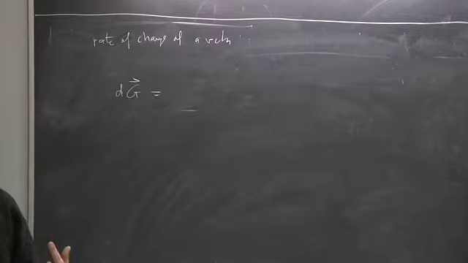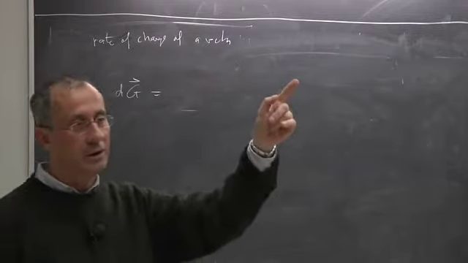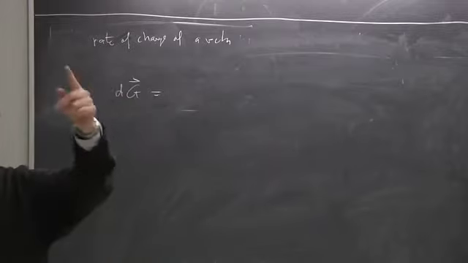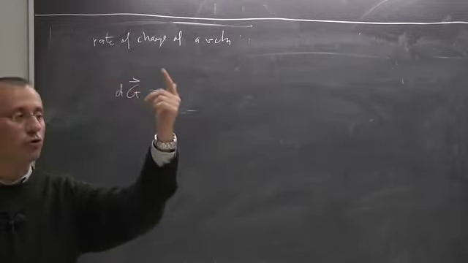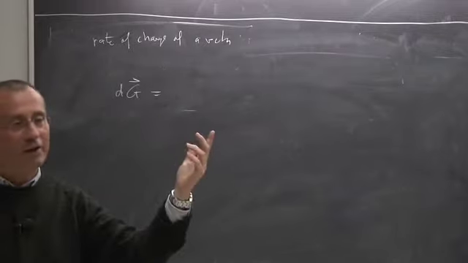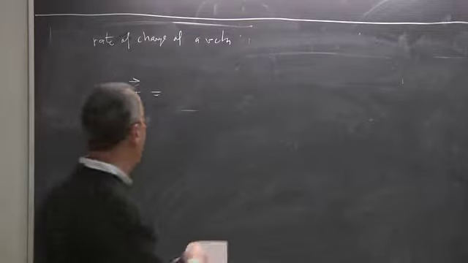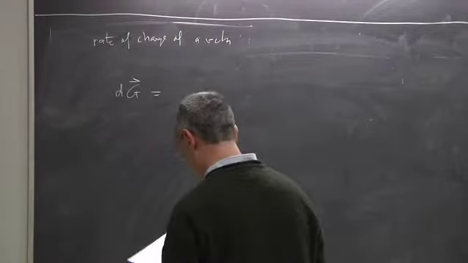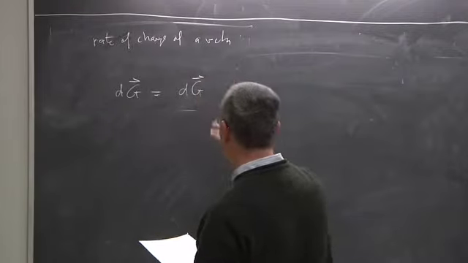So how do I describe the change of a vector that is not only changing because of some force, but is also changing because the frame of reference is rotating? And therefore, this is going to be made of two parts.